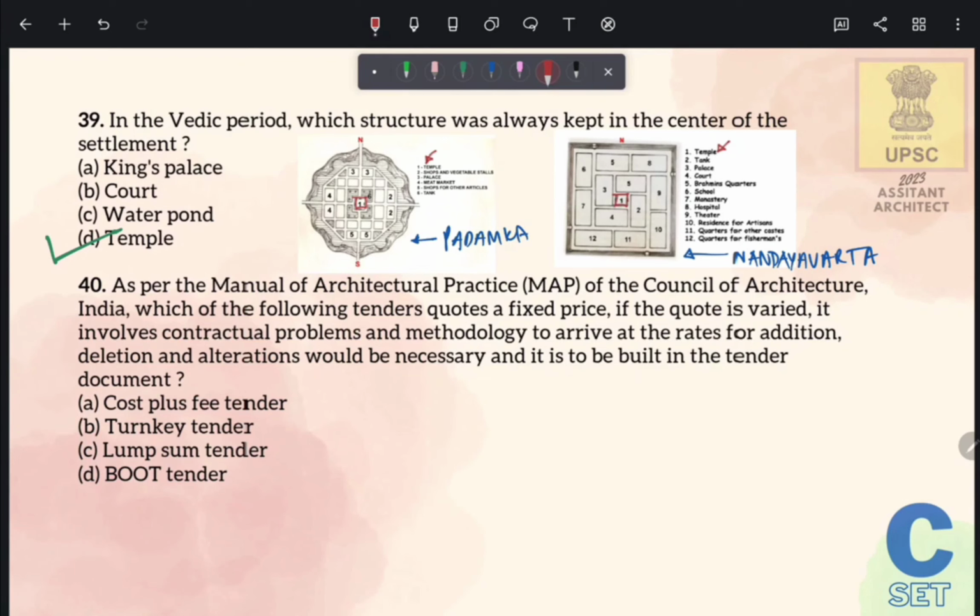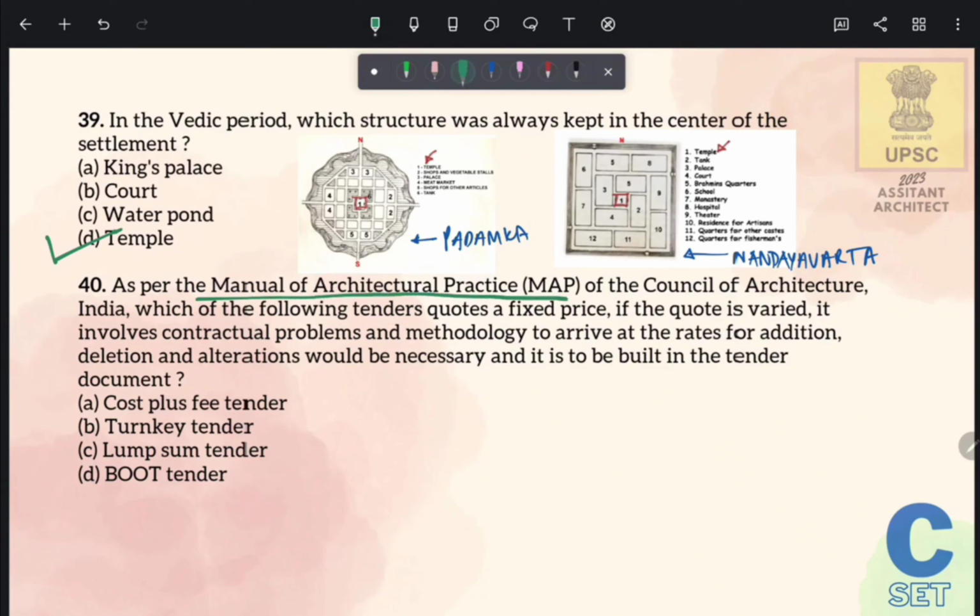As per the Manual of Architectural Practice of the Council of Architecture, India, which of the following tenders quotes a fixed price. If the quote is varied, it involves a contractual problem and a methodology to arrive at the rate for addition, deletion and alteration would be necessary, and it is to be built into the tender document.